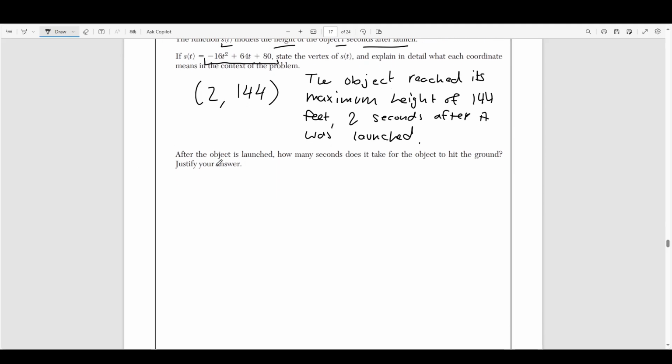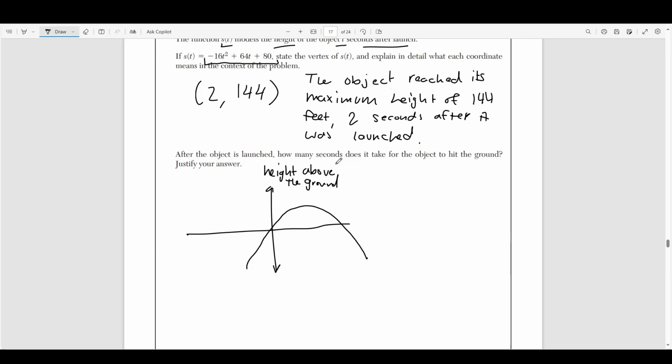Then it says that after the object is launched, how many seconds does it take for the object to hit the ground? Okay, so if we think about it this way, this graph looks something like this, where the y is going to be your height above the ground. Now, if you're on the ground, how tall are you?